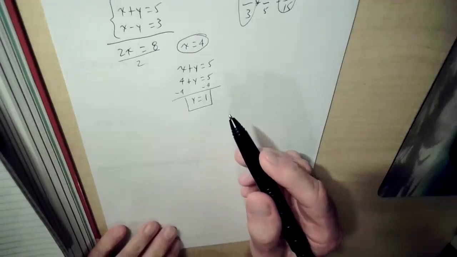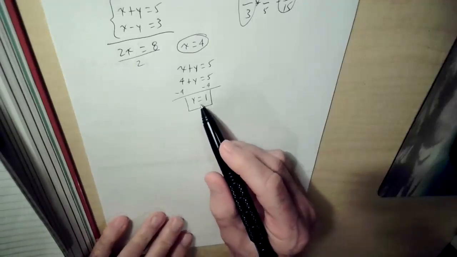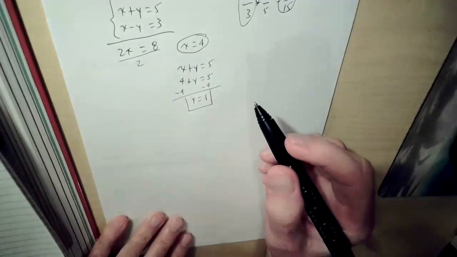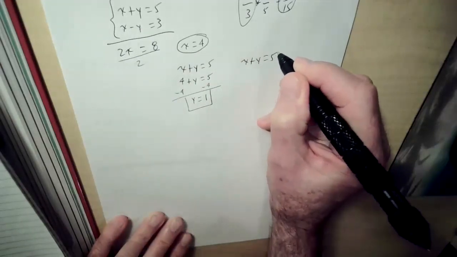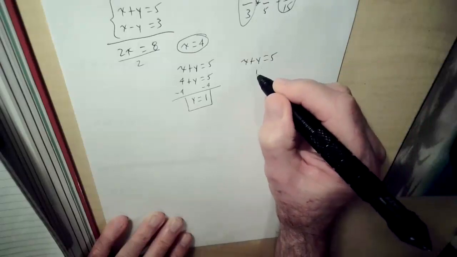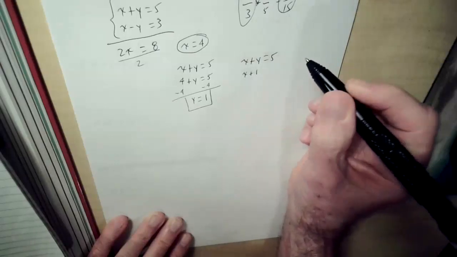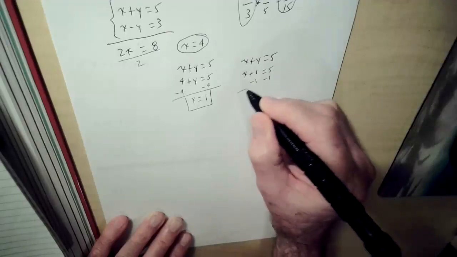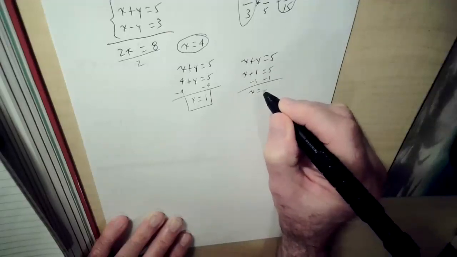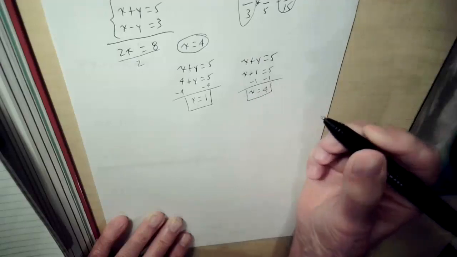Now let's plug it back into x plus y equals 5. Now, y we know is 1. So we have x plus 1 equals 5. Subtract 1 from each side. x is 4.